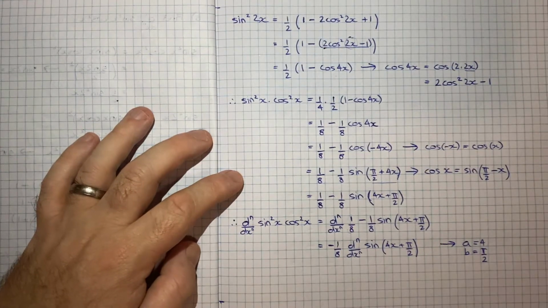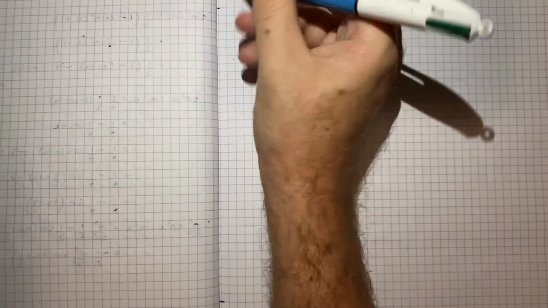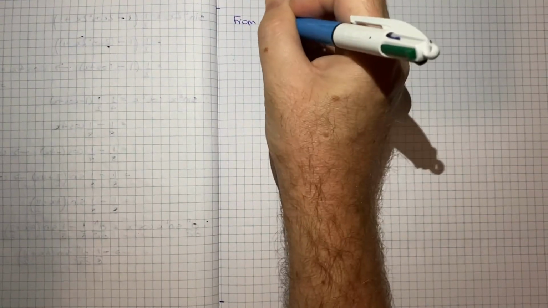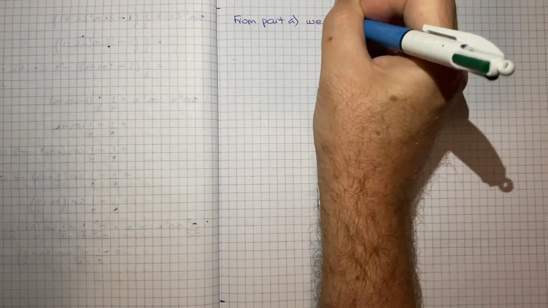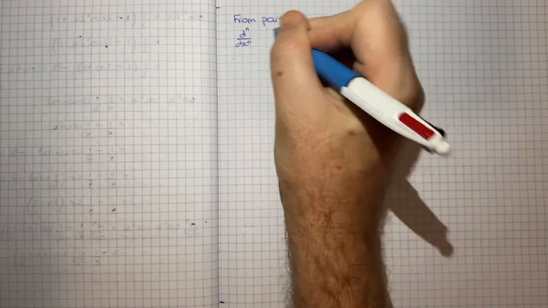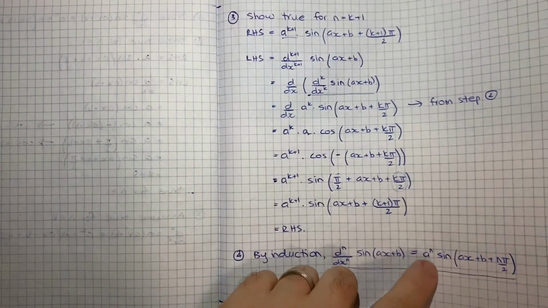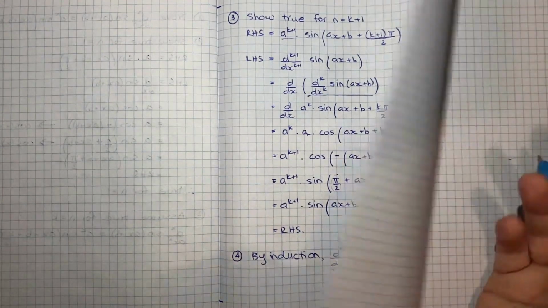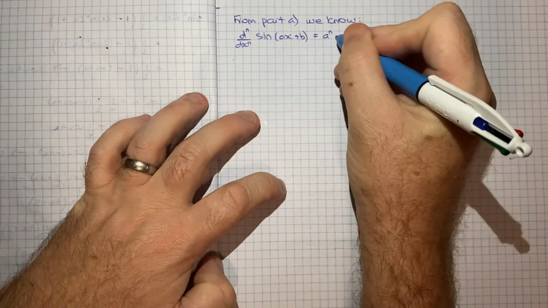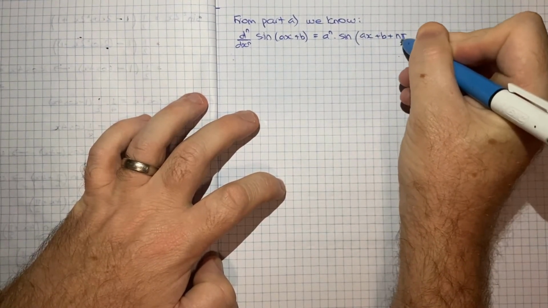And I'll just note the result from part A. So let's note from part A, we know that d^n/dx^n of sine of (ax plus b) is equal to a to the n times sine of (ax plus b plus n pi on 2).